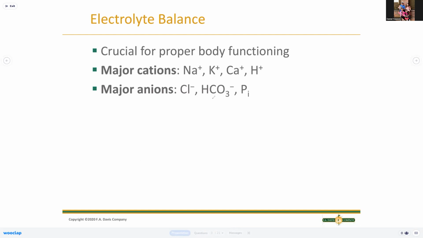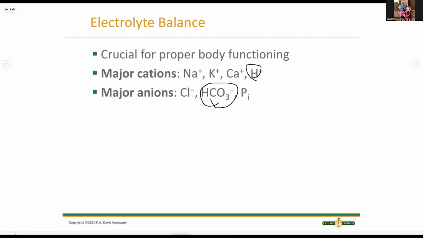Hydrogen ions and bicarb, HCO3, those two have an inverse relationship. So one's going up, one's going down, and they can kind of counteract each other. Same thing here. Usually sodium and potassium generally have an inverse relationship. Not always, but generally. But especially bicarb. Bicarb can cancel out hydrogen, okay, and kind of vice versa. So that's a good thing to keep in mind. That's why it's important to know these chemical names at an offhand glance.